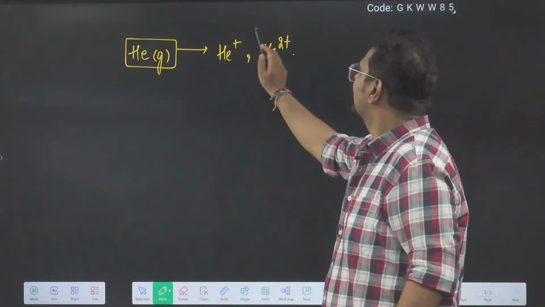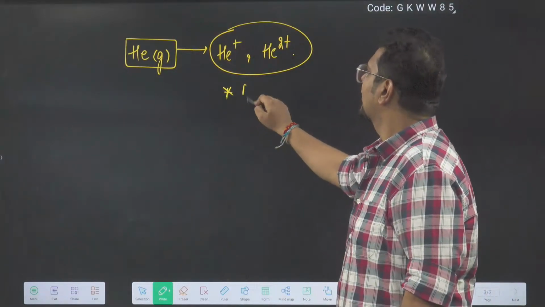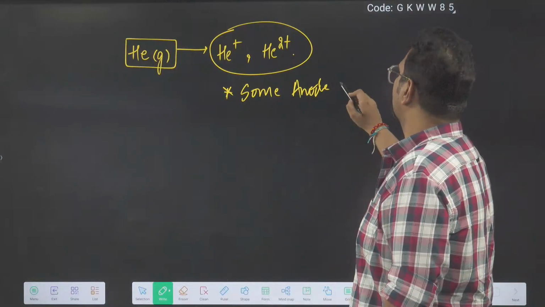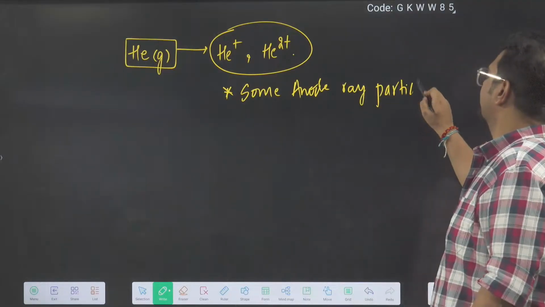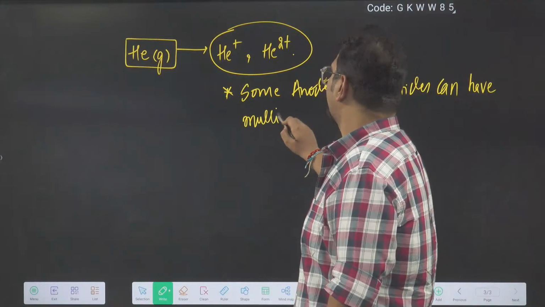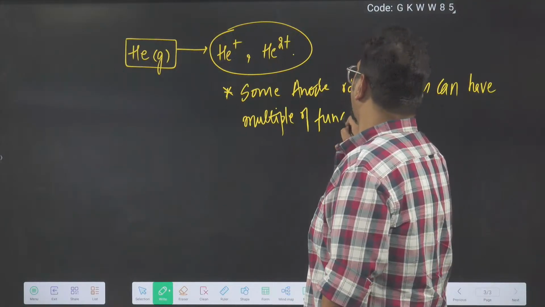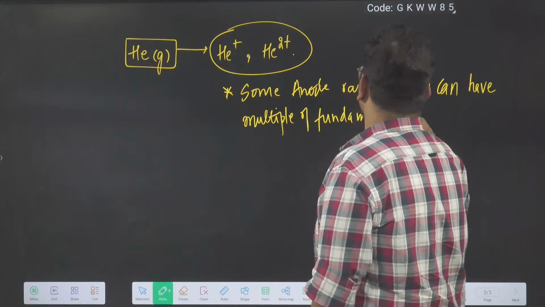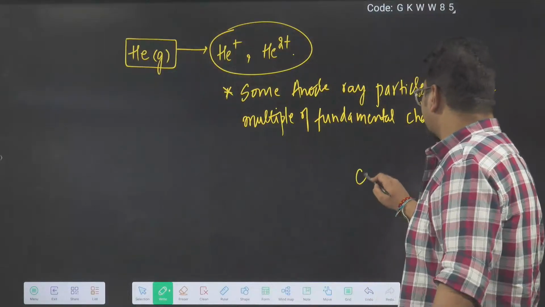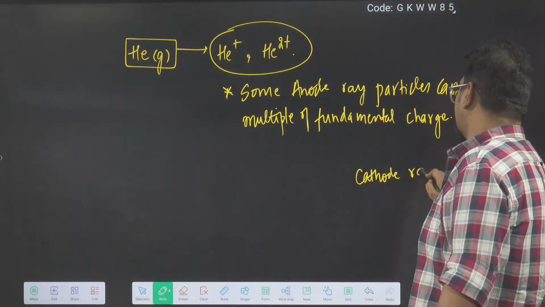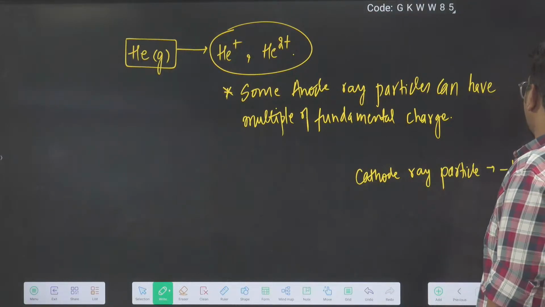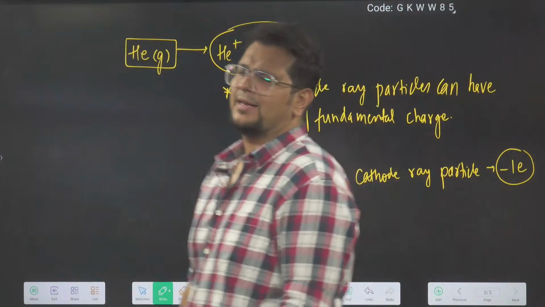Tell me, can I say that some anode ray particles can have multiples of the fundamental positive charge? Cathode ray particle, as in the last class, will always be -1e.